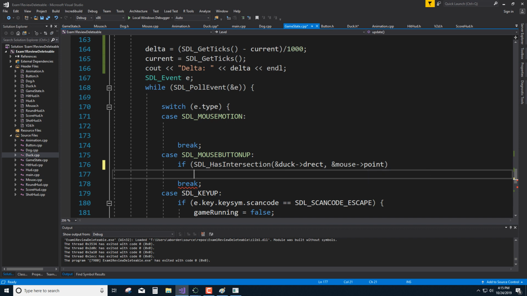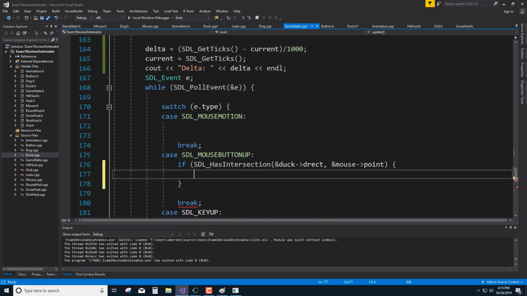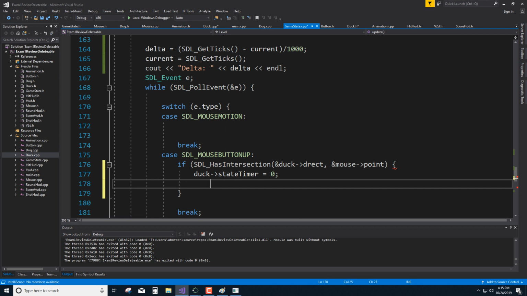Yeah. So if those collide, the duck dies. So duck state timer equals 0.